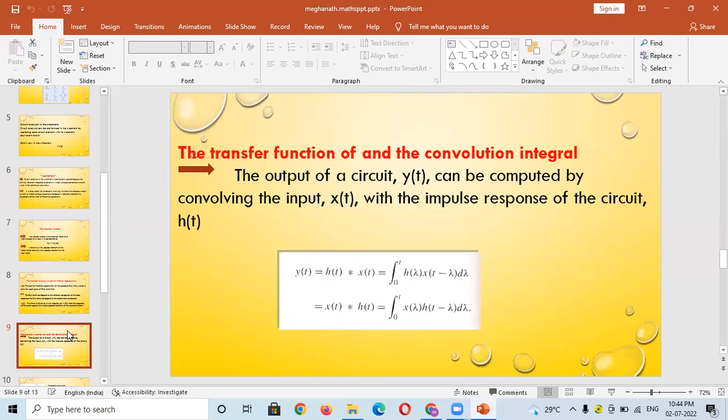So this slide represents the transfer function and the convolution integral, where y(t) can be computed by convolving the input x(t) with the impulse response of the circuit h(t).